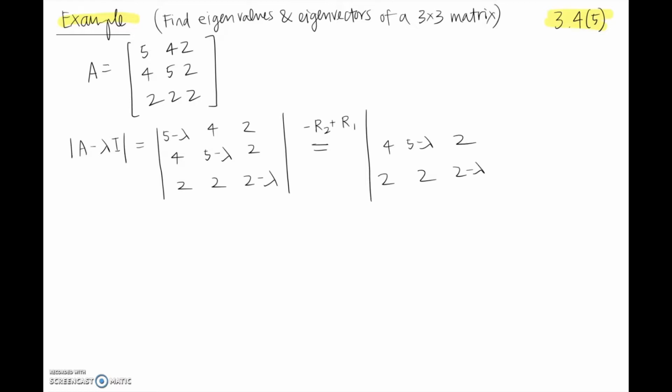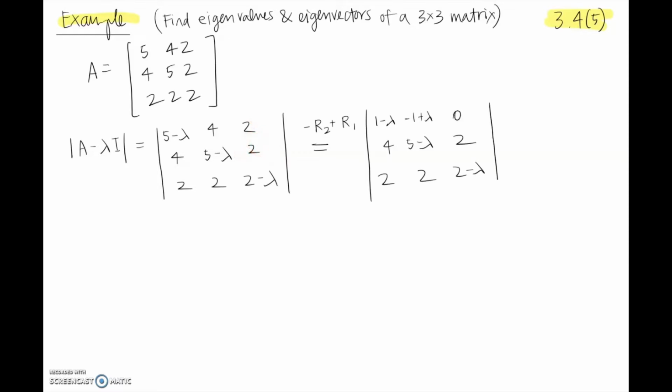Okay, so I've got to think through what's going on. -4 plus 5 minus lambda will be 1 minus lambda. Then 5 minus lambda times -1 is a -5 plus lambda plus 4. So -5 plus 4 is -1, and then plus lambda will be -1 plus lambda. And then what I really wanted was the -2 plus 2 becomes a 0.